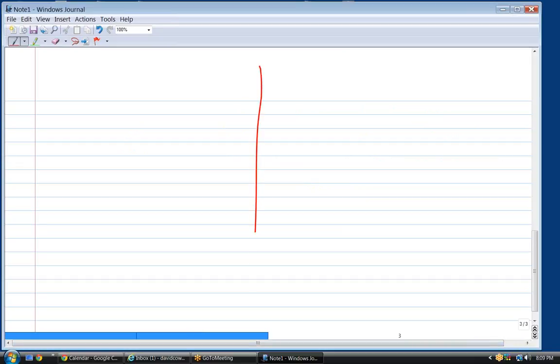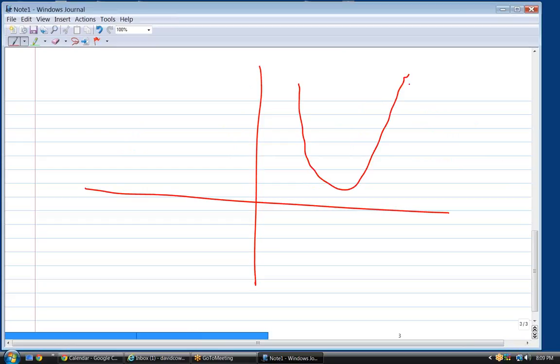Well, in 2 seconds I can describe it to you. If that's my parabola, in other words, all quadratics graph as parabolas. They're either right side up or they're upside down like that. But they all graph as parabolas. Notice that if they're right side up, the minimum is right there always. If they're upside down, then that's a maximum.